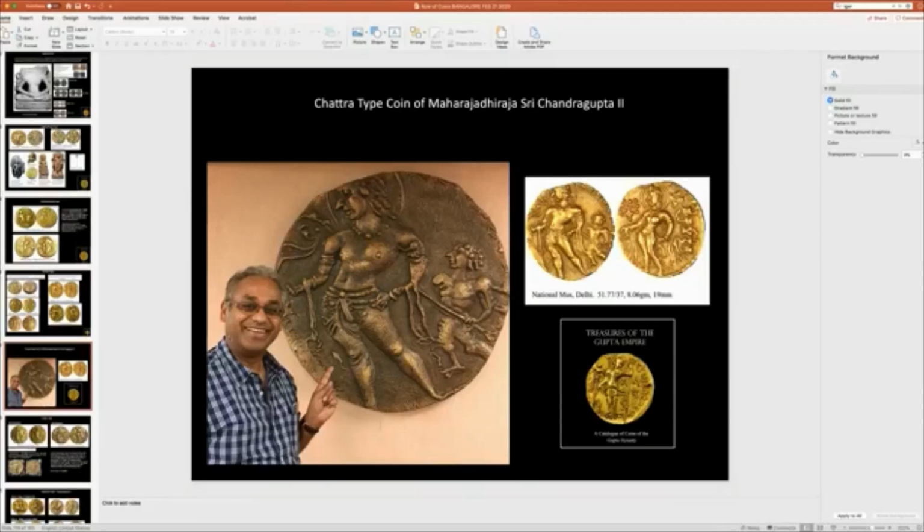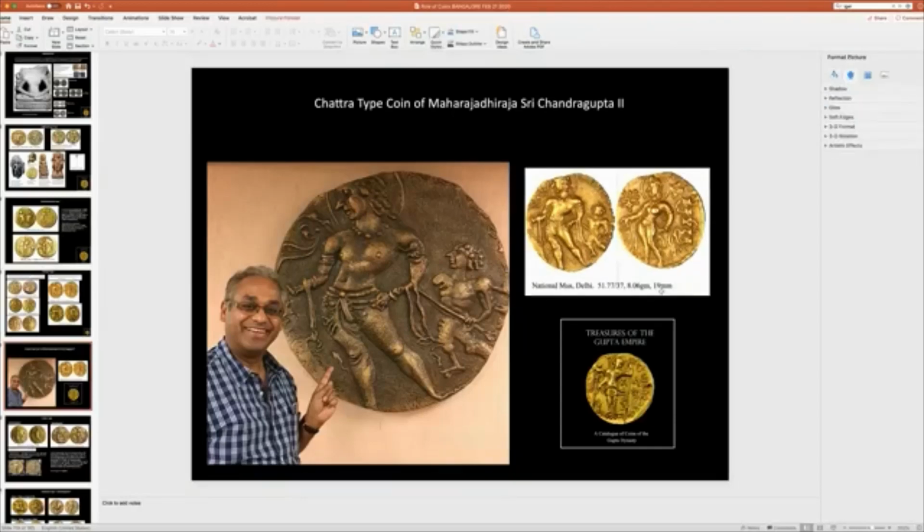And this is, of course, me from many years back when I went there for the grand opening of the National Museum. This was one of the coins, a Chandragupta II coin of the Chhatra type.